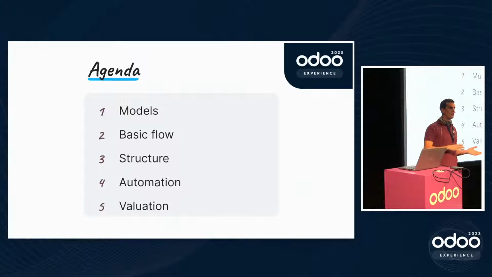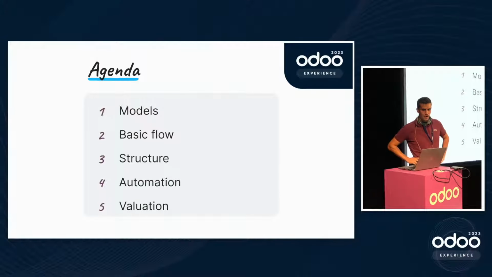After that, we will explain the interaction between the objects, how they interact with each other and what their responsibilities are. After that, we will show you different ways to do your own automation of the inventory process. And finally, we'll say a small word on the valuation.